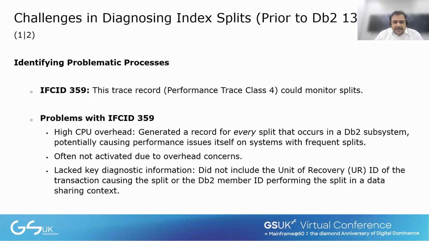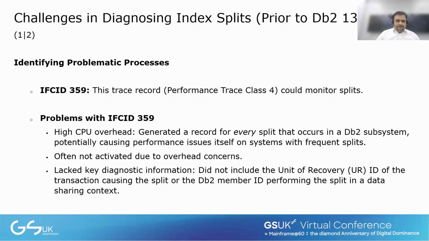It doesn't carry the unit of recovery ID or the thread which is causing the split. It doesn't even tell you the DB2 member ID from a data sharing group. So a couple of these pieces of information were not there, and it was very heavy to run these trace records.